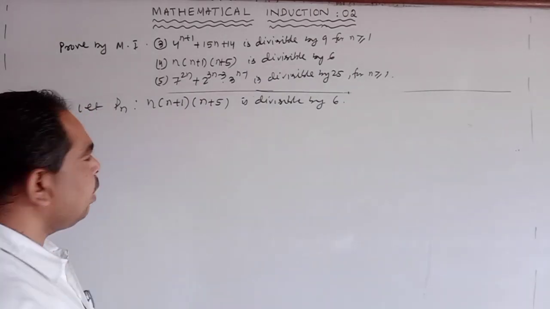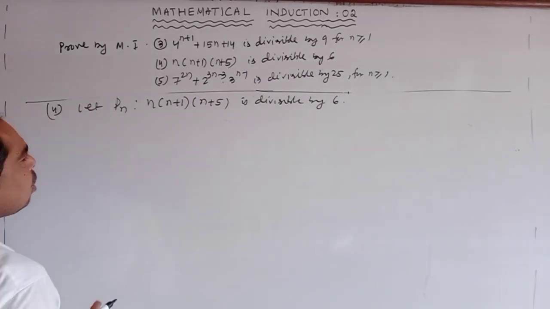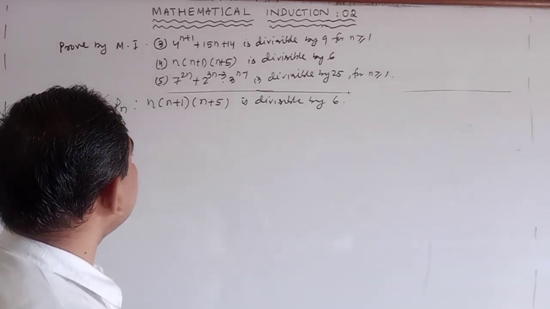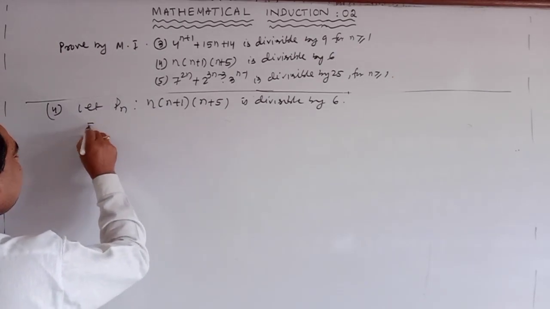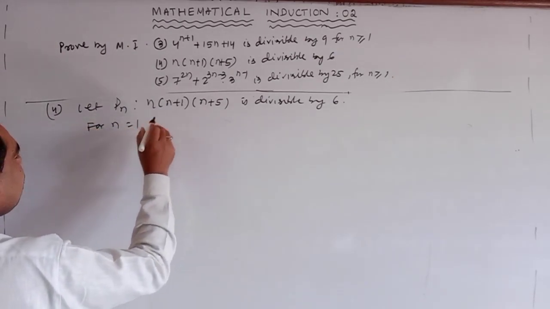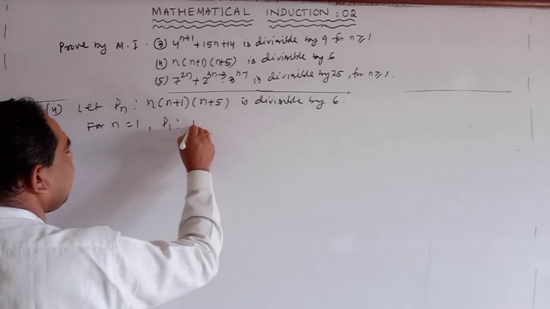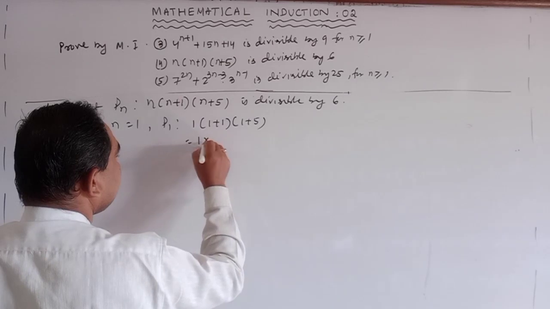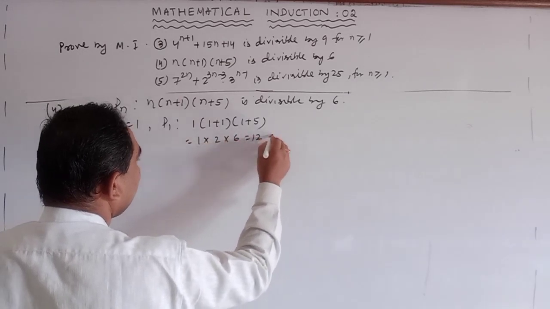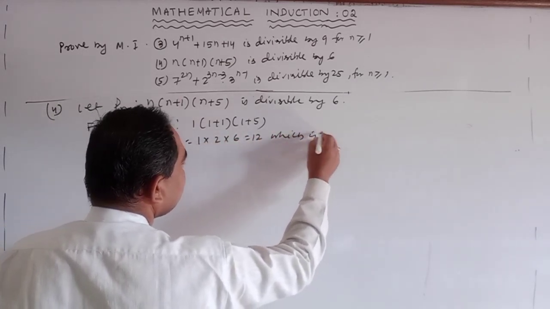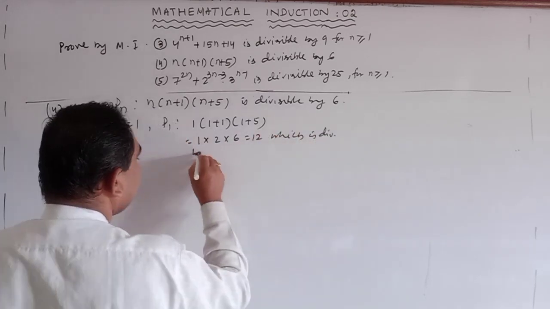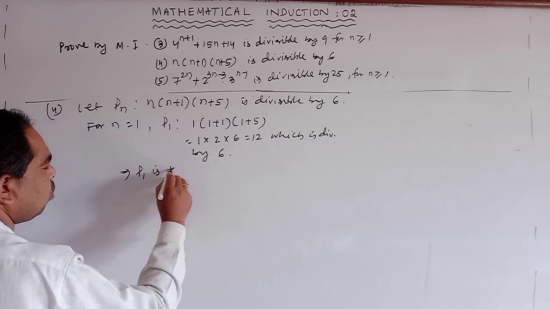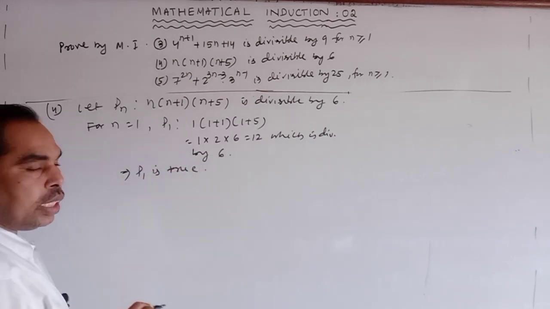For n is equal to 1, so P1 such that 1 into 1 plus 1 into 1 plus 5 is equal to 1 into 2 into 6, 12, which is divisible by 6. So this implies P1 is true.